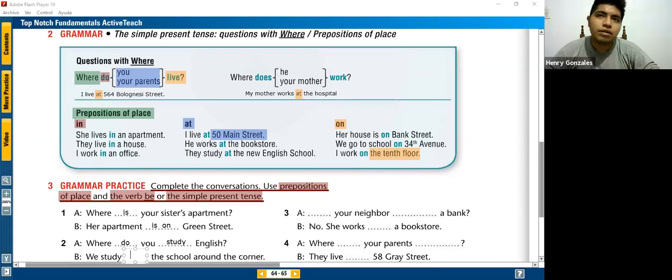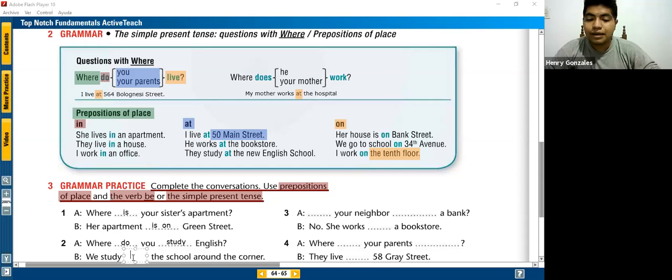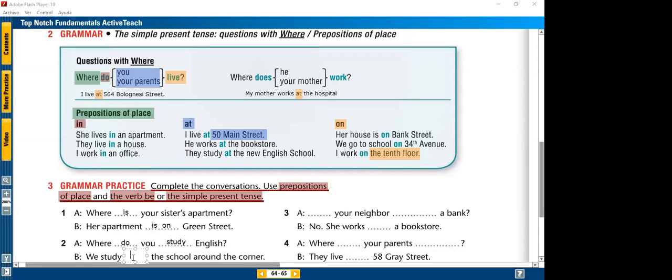Juan, Gabriela, what do you say? It's a public place, right? Es un lugar público, ¿no? Como una farmacia, pharmacy, or a bookstore. On the corner, teacher. We study on the school around the corner.